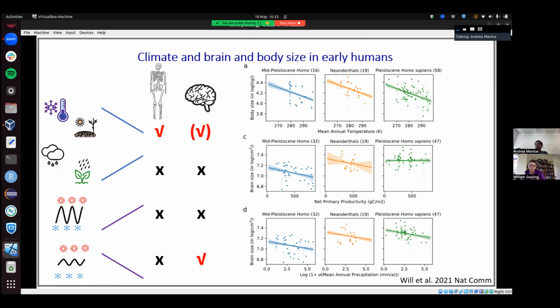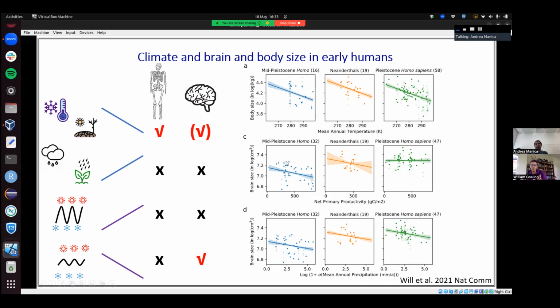What we think is going on here, but it's very much a speculation, is that we might be looking at the cognitive capabilities that are needed for hunting megafauna in open habitat, which tends to have a lower net primary productivity than the more densely forested areas.